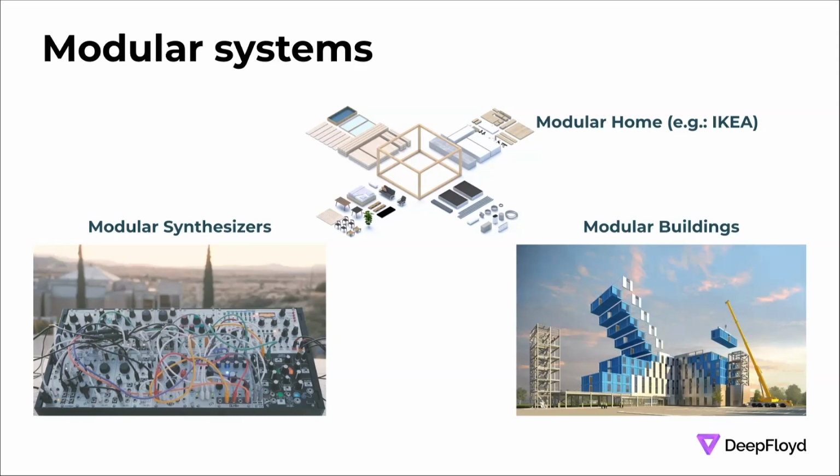For example, modular synthesizers give you the opportunity to not buy the final synthesizer of your dreams, but to buy different parts and construct the best synthesizer that fits your needs. And also you can construct your home, your ideal room, or even buildings.